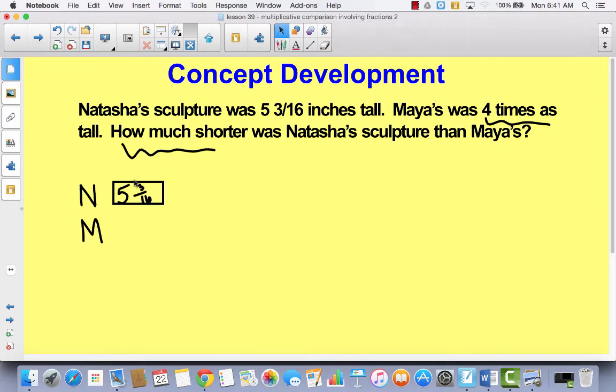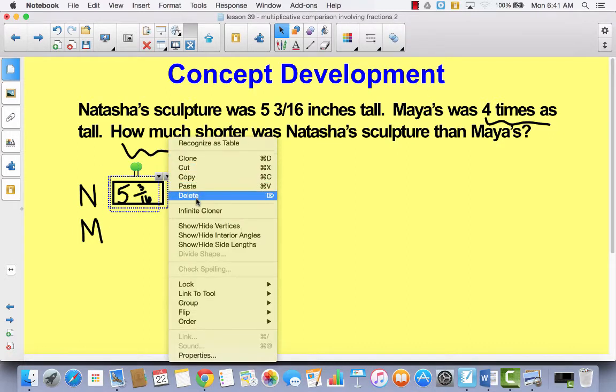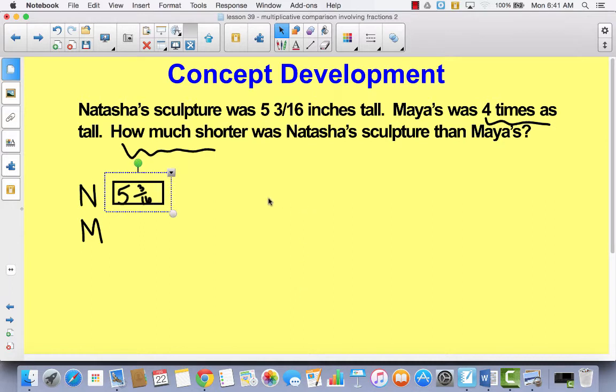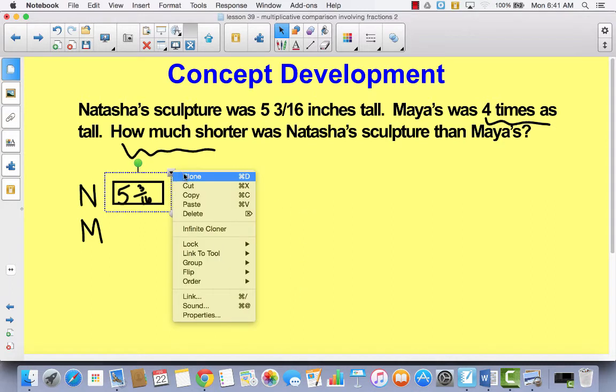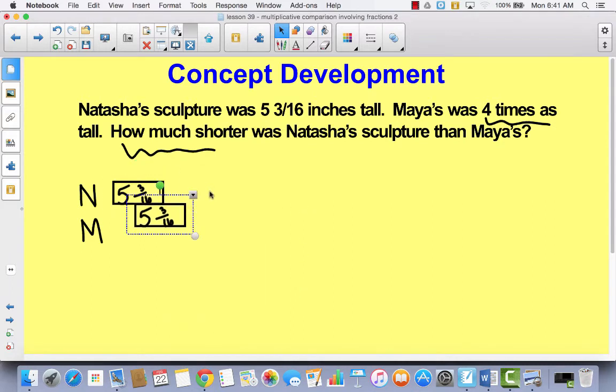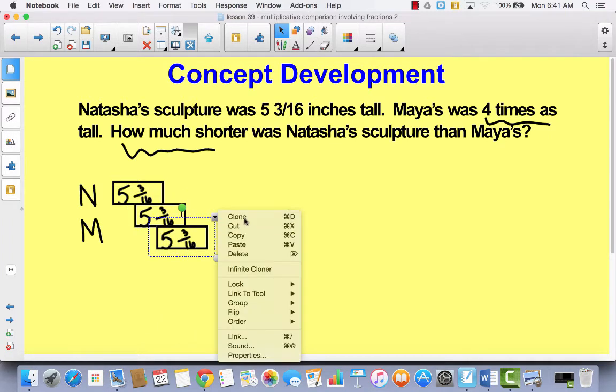Now, her sister's, or not, this isn't her sister's, that was the last problem, right? So, I'm going to group these together so that I can copy them. Maya's was 4 times as tall. So, what I'm going to do here is clone this 4 times. You're just going to have to draw it 4 times.